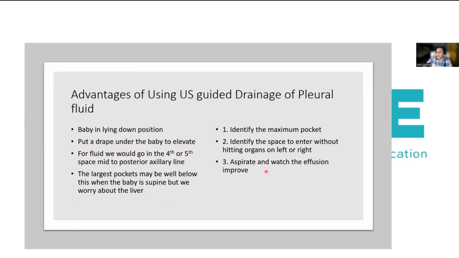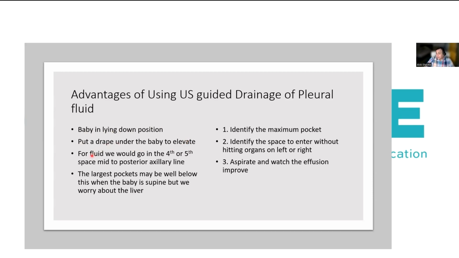Now, how do we perform diagnostic paracentesis using an ultrasound? So for us, the baby should always be supine, usually elevated with a towel underneath, and I usually keep the baby elevated. So you confirm site, you confirm baby, you go through what I call a timeout procedure, drape and use your aseptic technique.